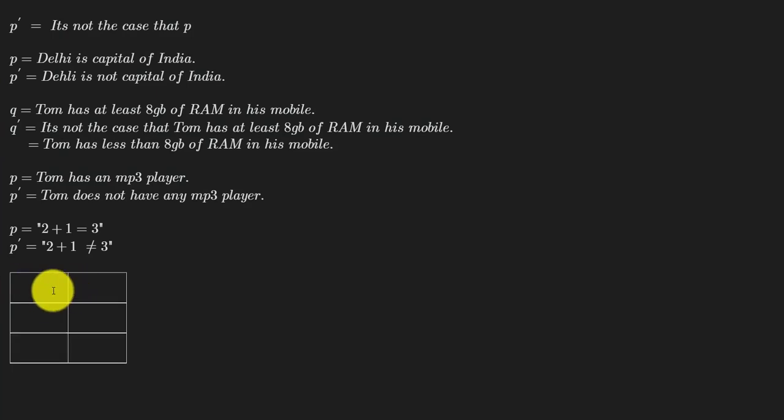I write P and P prime. If the value of P is true, the value of P prime will always be false. And if the value of P is false, the value of the negation of P will always be true. So this will be the truth table of a negation of a proposition.